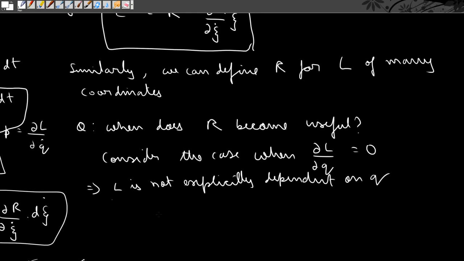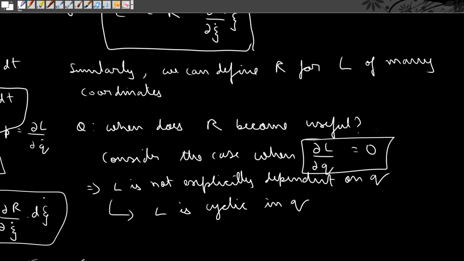So this condition is also expressed as saying that L is cyclic in q. Okay, so when L is cyclic in any variable, it means that this particular condition is satisfied with respect to that variable.